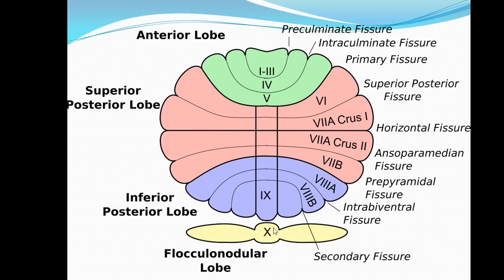This is the flocculonodular lobule separated from the posterior lobe by the posterolateral fissure. The posterior lobe is divided into two surfaces by the horizontal fissure. Here, the upper surface is the superior posterior lobe, and this is the inferior posterior lobe.